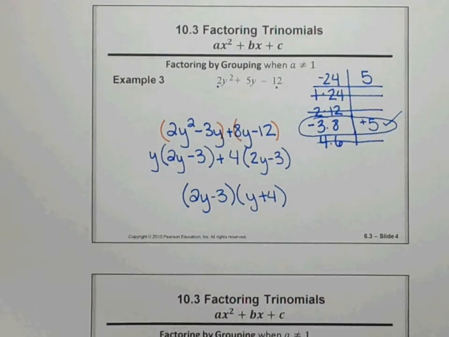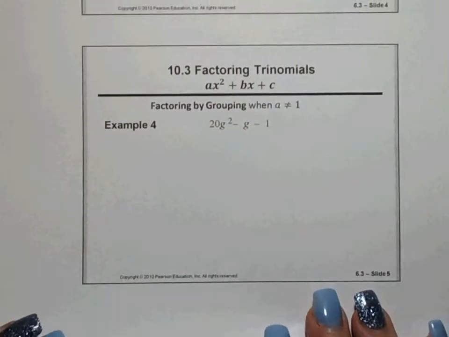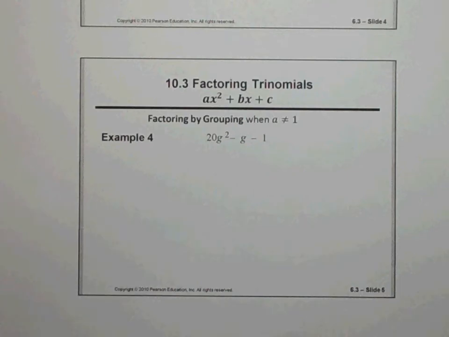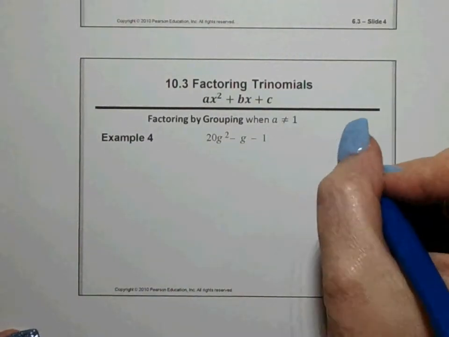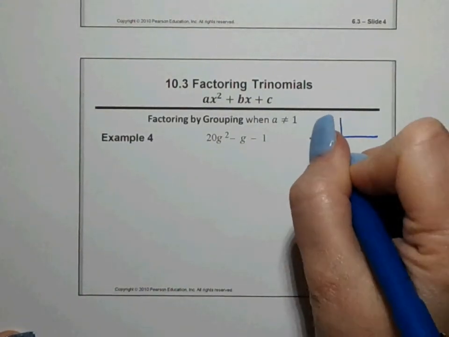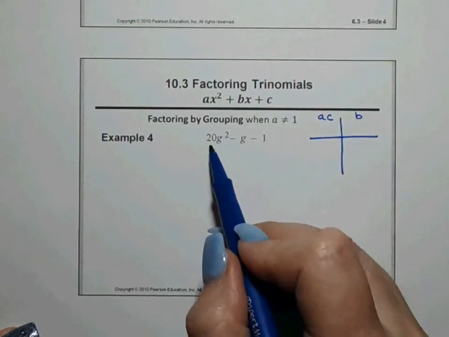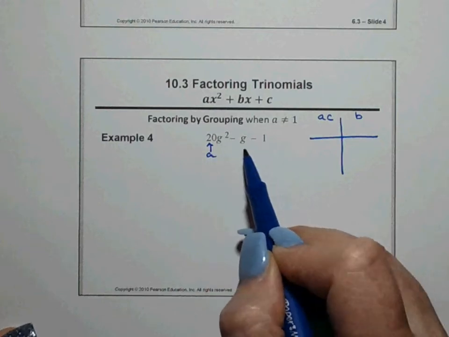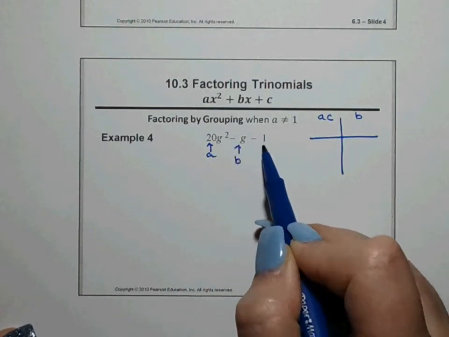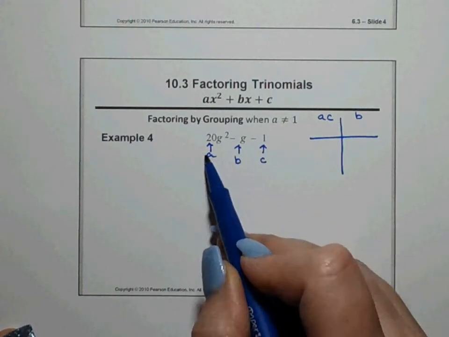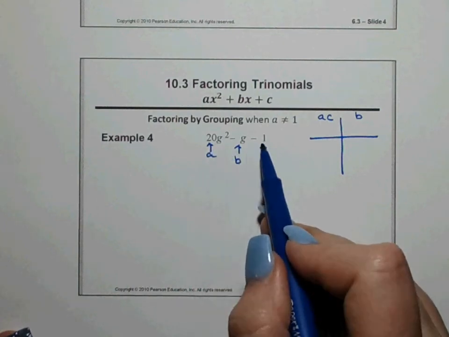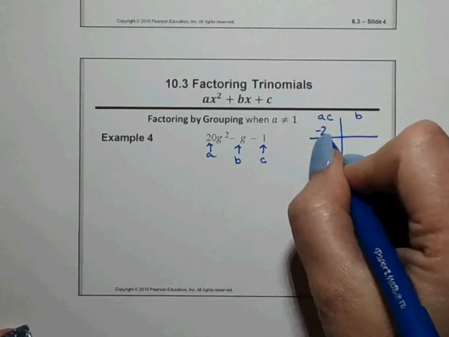Alright, let's go to the fourth example. Do I have any GCF that I can factor out? Unfortunately, I do not. So, let's go straight into our AC, multiply those together. So this is my A, this is my B, and this is my C. So A times C, so 20 times negative 1 gives me a negative 20.